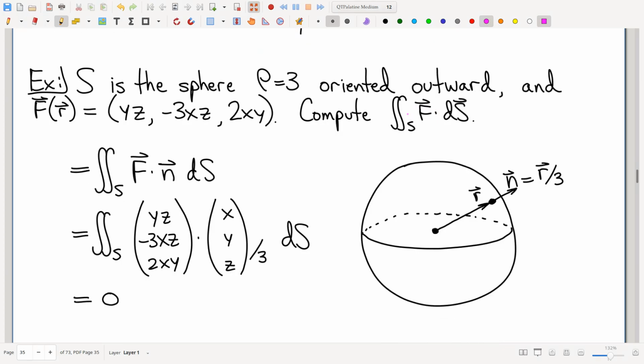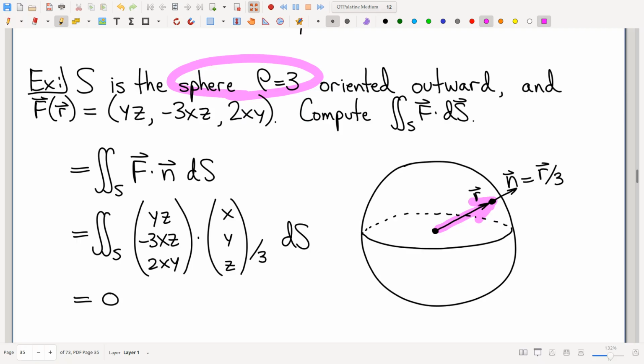So here, again, we have a sphere centered at the origin. That immediately tells me that my position vector is perpendicular to the surface. Now that's a geometric insight. That's the nature of spheres centered at the origin. This is a peculiarity of spheres centered at the origin.